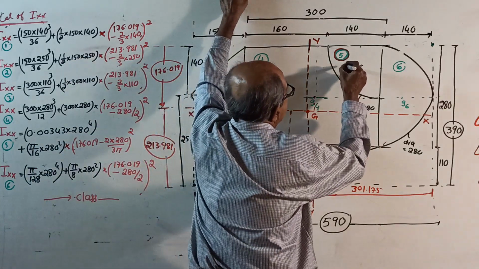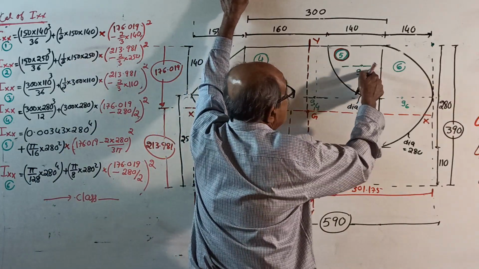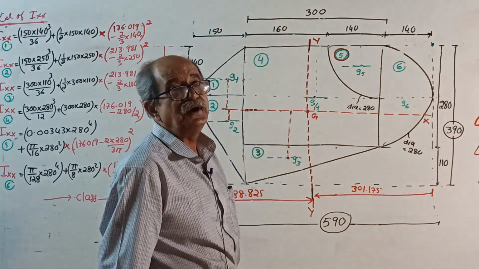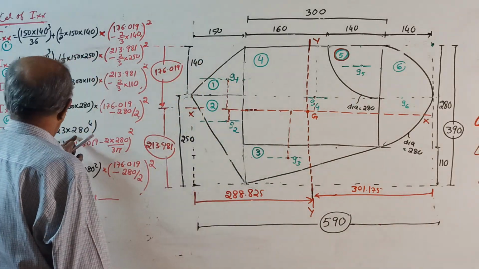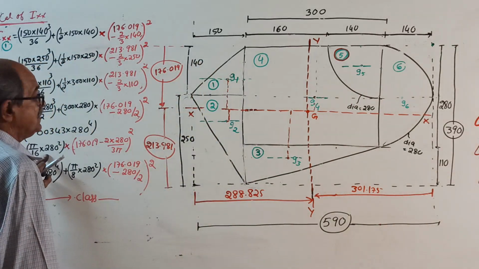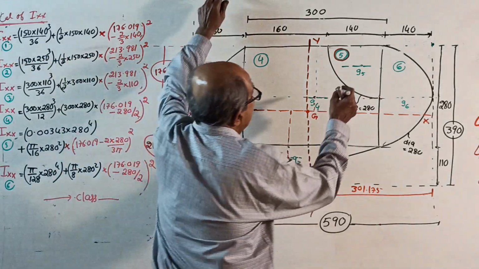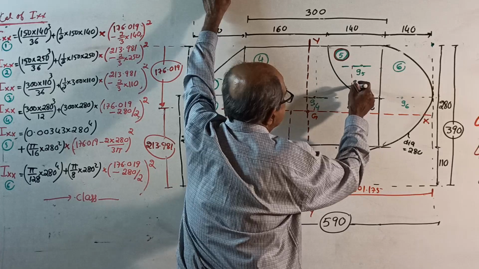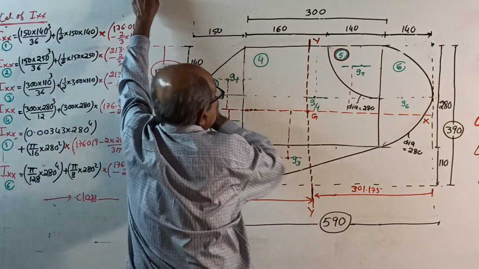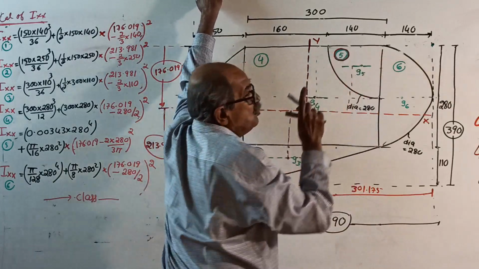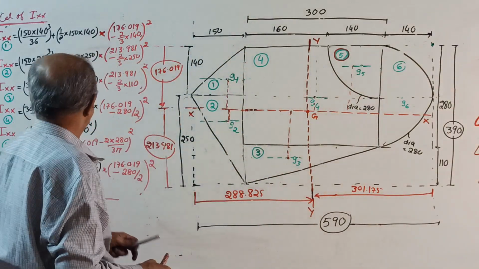Fifth one, quadrant of a circle, 0.00343 into diameter power 4 plus area pi by 16 d square into, see, this distance square, that is 176.019 minus 2d by 3 pi, whole square.